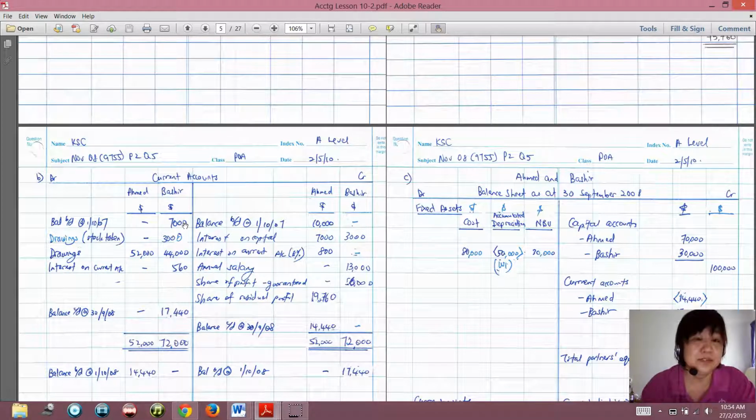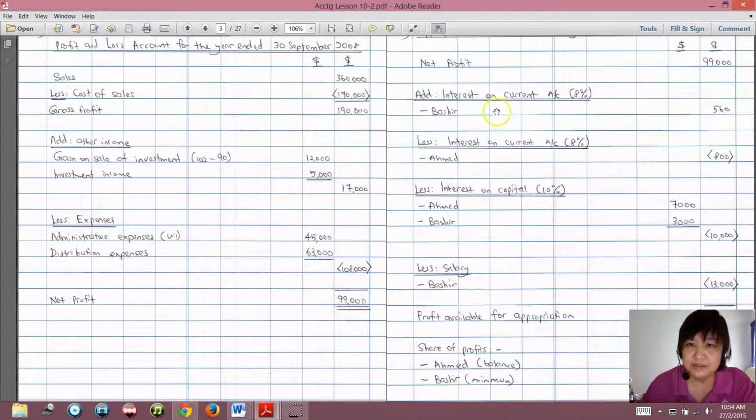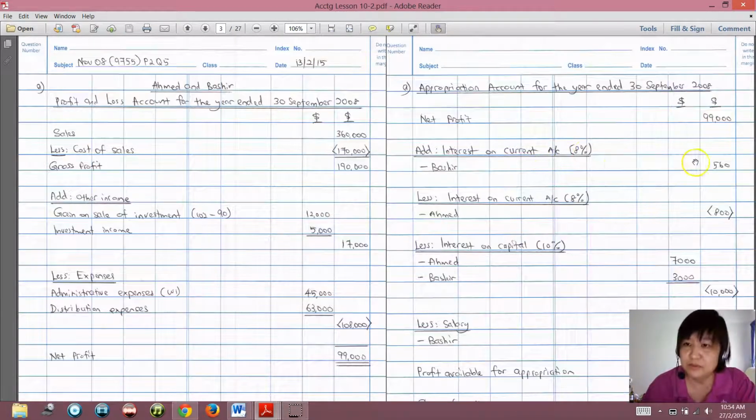So if Bashir owes the company 7,000, Bashir must pay the company interest. And the interest is 8% as stated in the question. So Bashir must pay the company. To the company, it's a good thing. It's an income. Add interest on current account, 8%, Bashir.